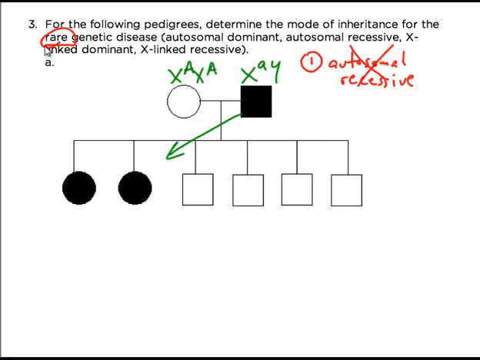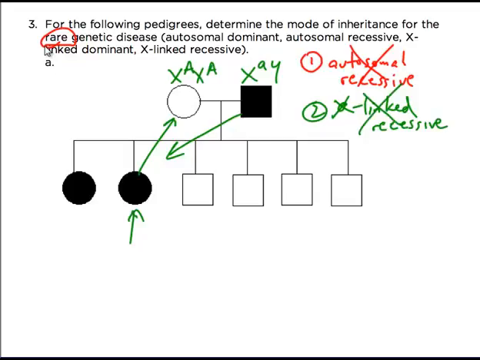So again, the affected girls down here could not be getting two X's with the small a allele on them because they would need to get one from this parent, and they don't have it. So our second assumption, which I should have written down, would be X-linked recessive, and that's not working out either.